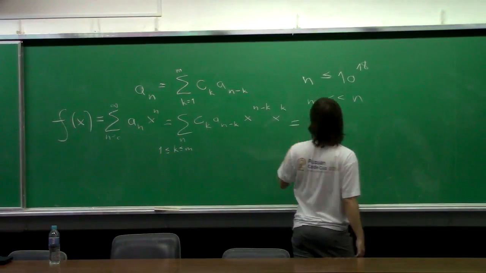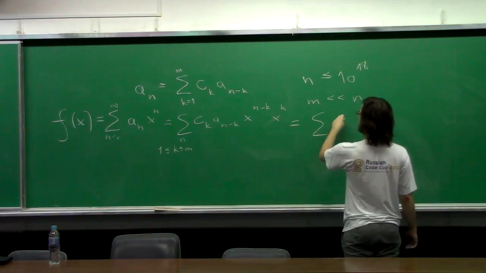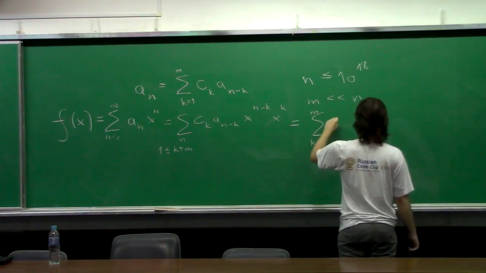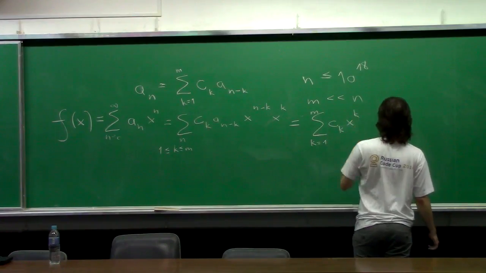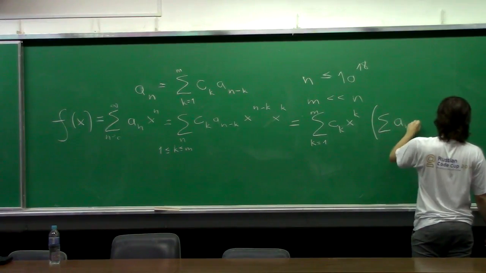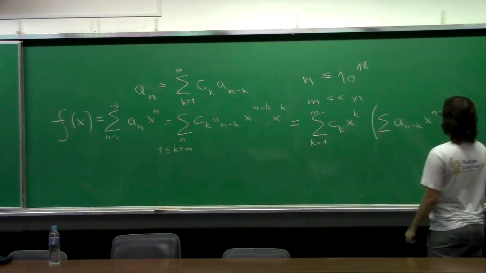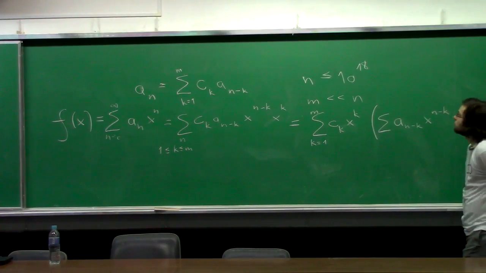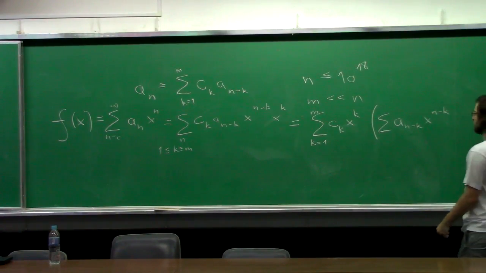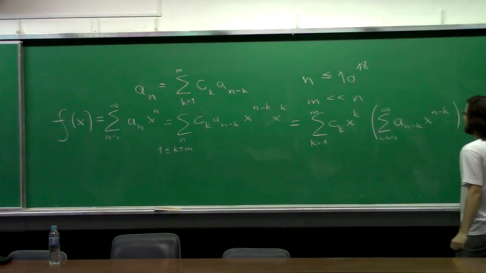So if we split the sum like this, we can write it as the sum over all k from 1 to m of c_k x^k times the sum of a_{n-k} x^{n-k}, where n minus k goes again from 0, because any smaller indices would give us just terms equal to 0, to infinity, because n goes to infinity.